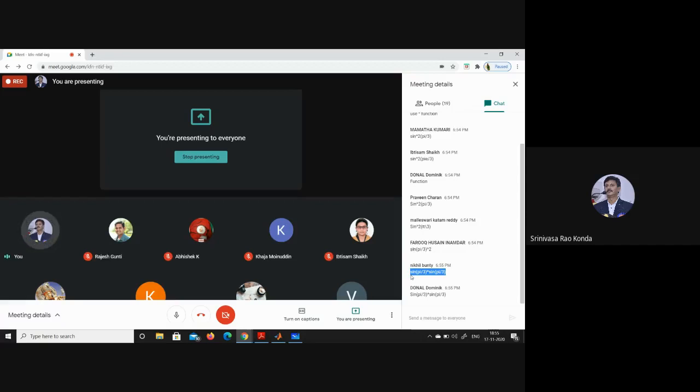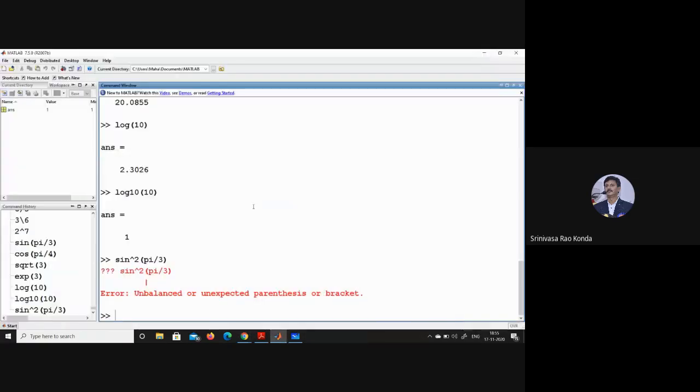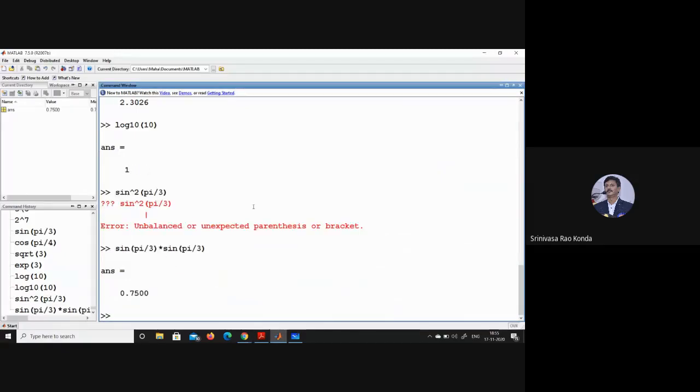But we can make it a simpler command. You see this one, Control V. Whatever the command is correct. Sin pi by 3 star sin pi by 3 is okay, but we can give it simply.